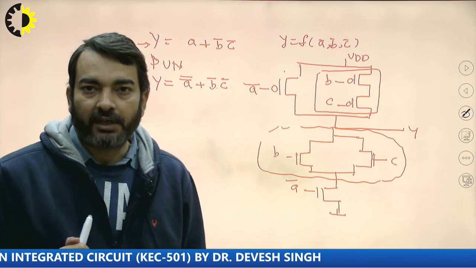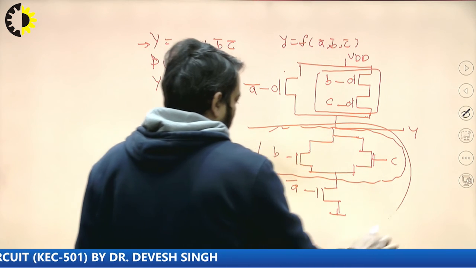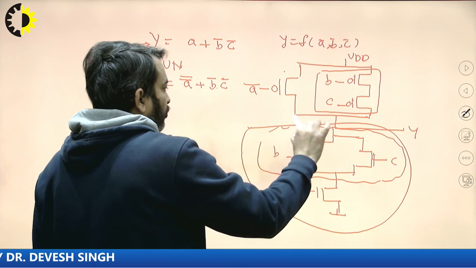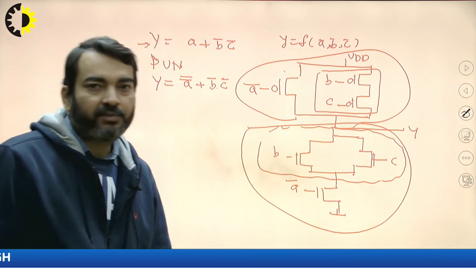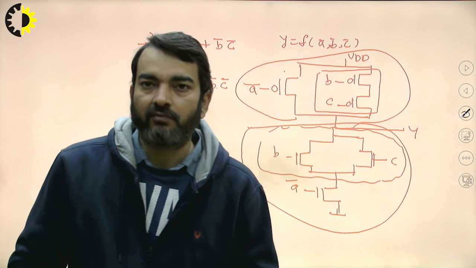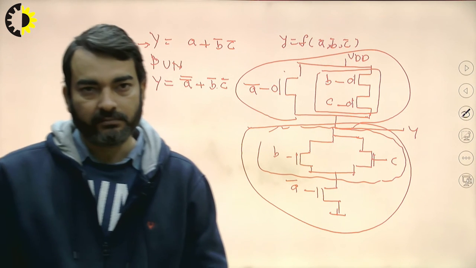So now this complete network is nothing but the PDN. This is the dual of this complete network. This is the simplest way. We should apply the duality principle whenever we have a complex Boolean function.